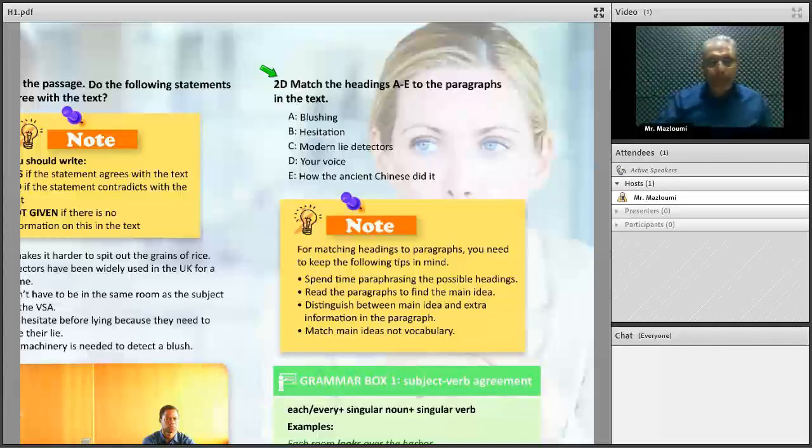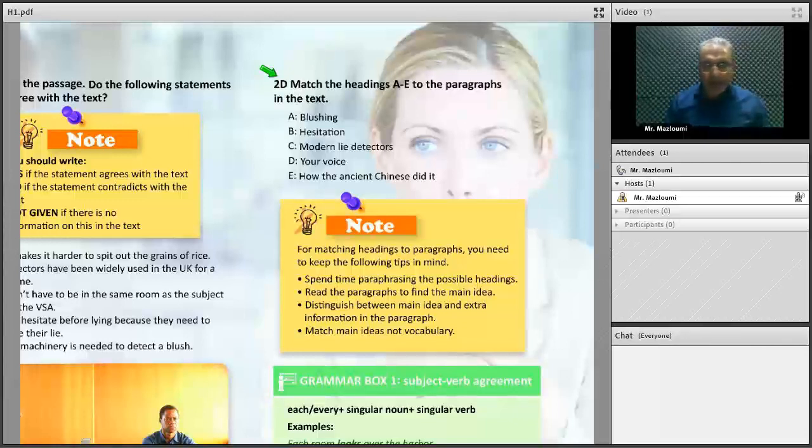So, which paragraph discusses blushing? Remember, warming around eyes, going red. It was paragraph 5, right? What about hesitation? Remember the verb hesitate. We don't respond, we don't act instantaneously.